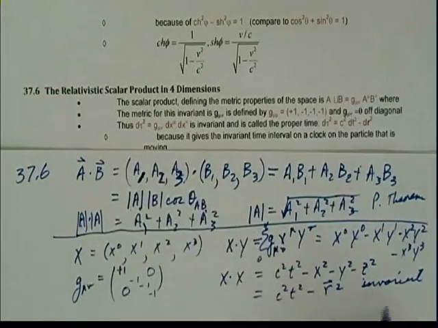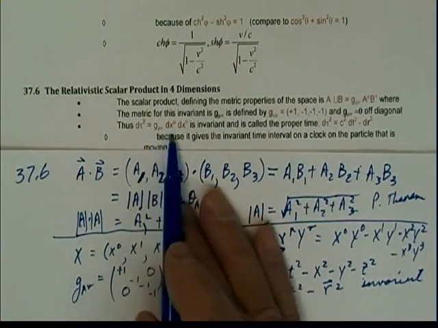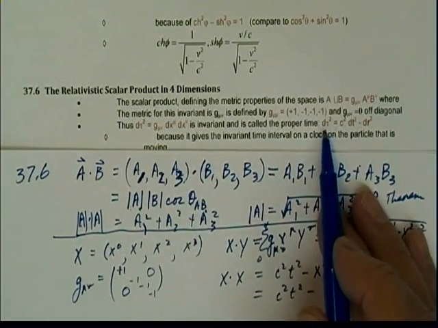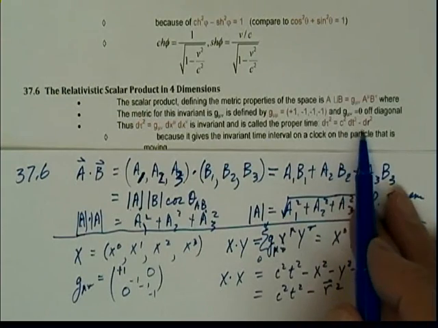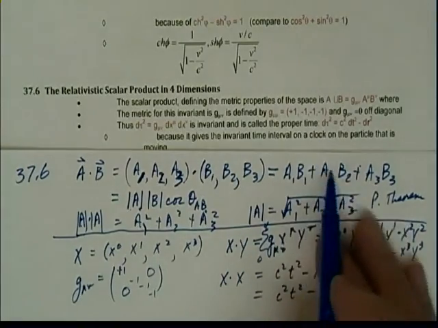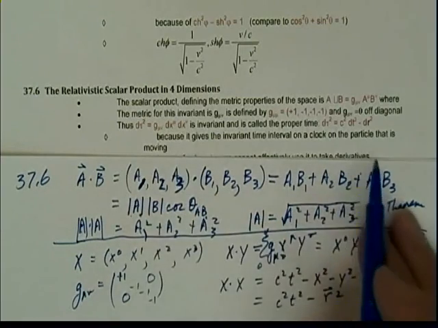And so we can write this amount, if it's infinitesimal, as d tau squared equals g dx mu dx nu, and that will be invariant, and that d tau squared is c squared dt squared minus dr squared, which is the infinitesimal version of this. And this d tau gives us the number that sits on a clock while it's moving.